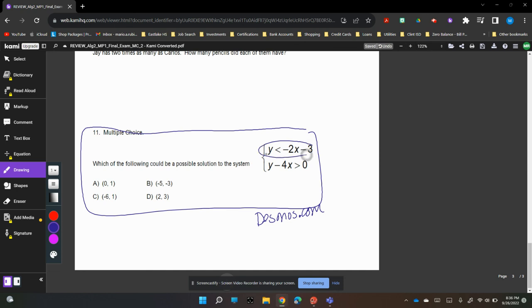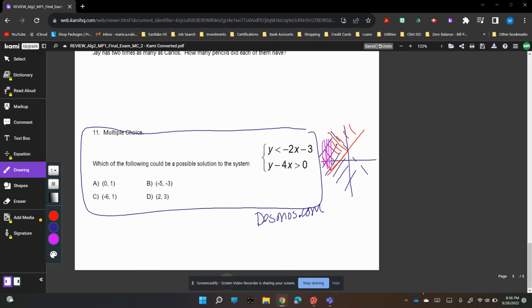Type exactly what you see here into Desmos for each function, and you're going to see it's going to create a shaded area on the graph for one function, and then the other function is going to be a different shaded area. And what you're going to see is basically this area that they're both shaded in.